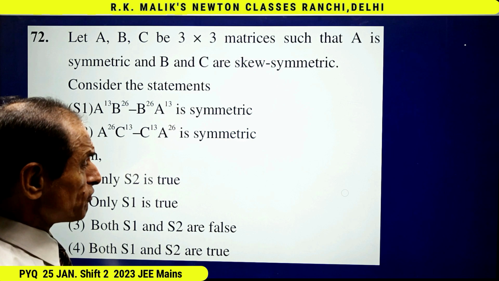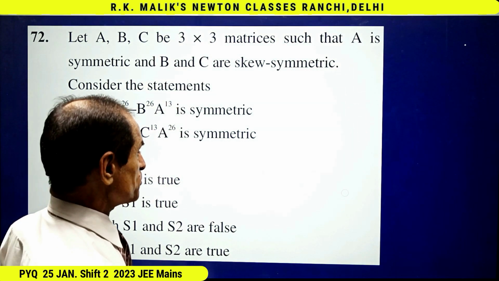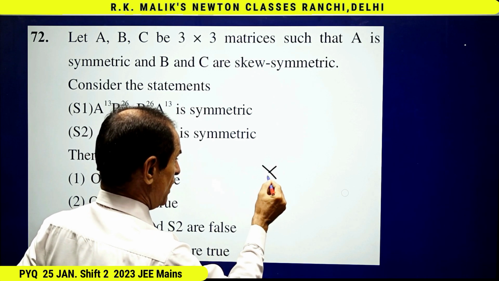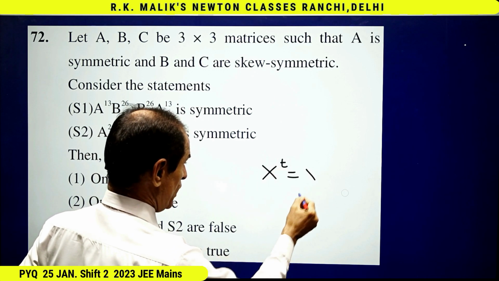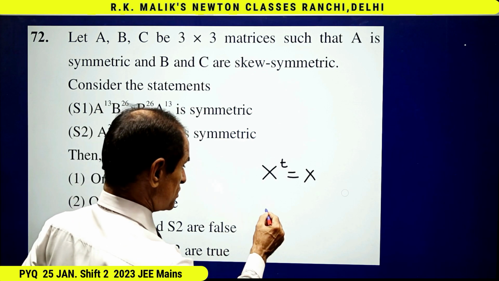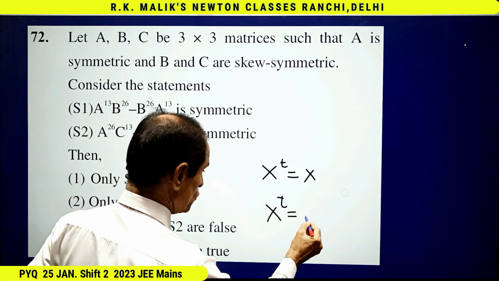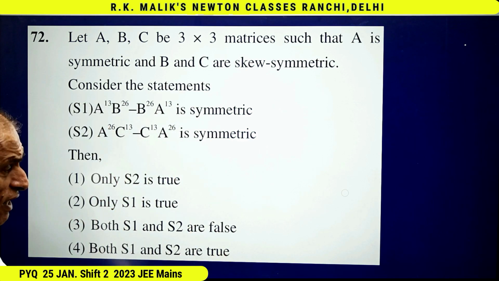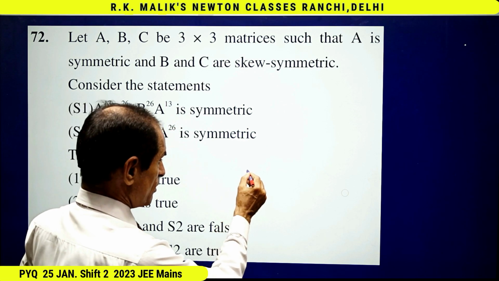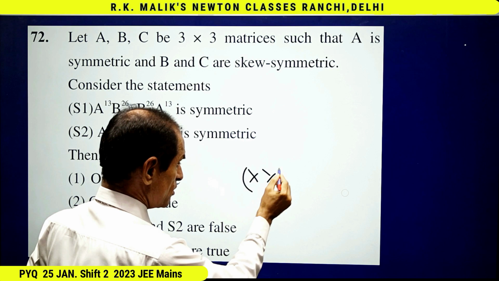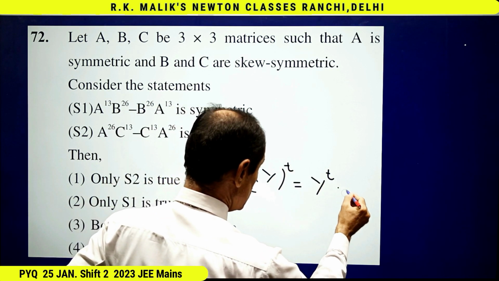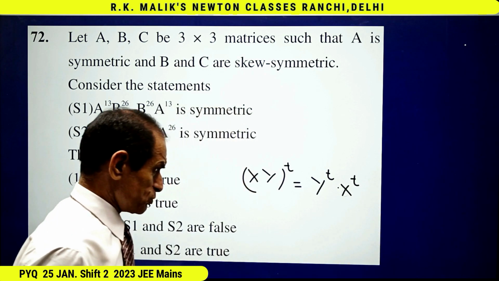To understand the meaning of symmetric matrix, let X be some matrix. X is symmetric matrix means X transpose is equal to X, and skew symmetric means X transpose is equal to minus X. Keeping these two facts in mind, the next concept is (XY) transpose is equal to Y transpose into X transpose.